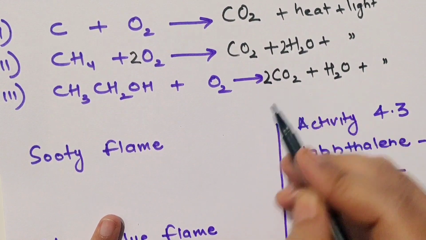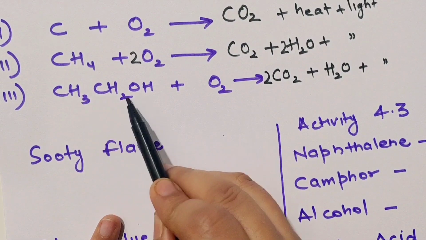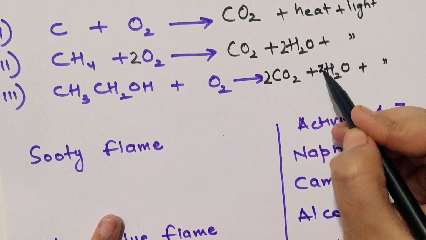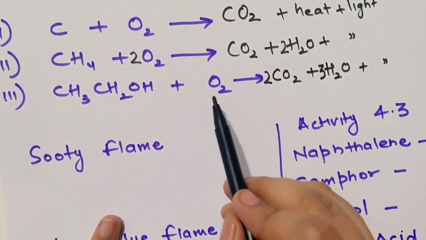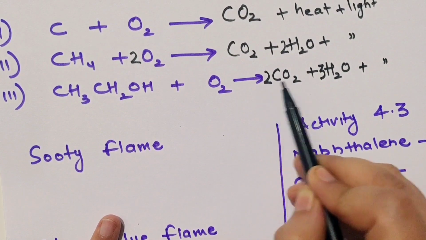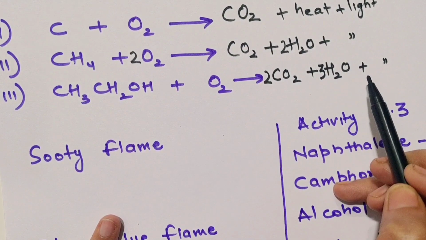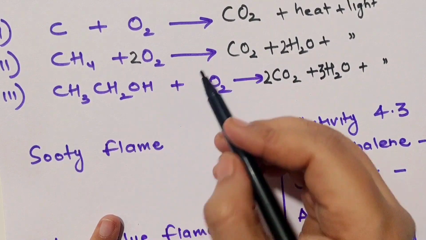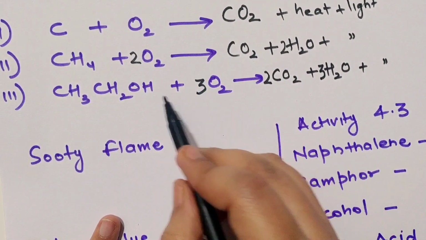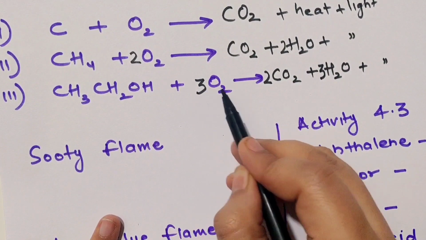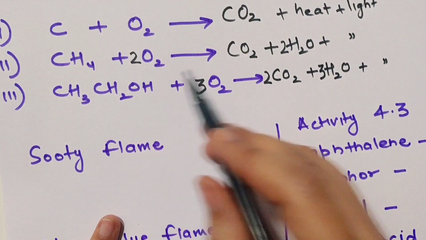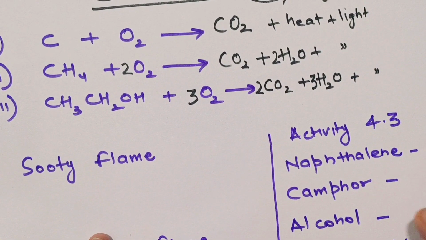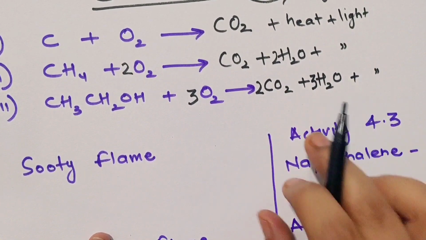Let's make it 2. Hydrogens, 5 plus 1, 6. Here we have 2. Let's put a 3 here to make it 6. Oxygens, here we have 4 plus 3, 7. Here we have 2 and 1. So if we put a 3 here, that would make it 7 also, because 3 times 2, 6 and 1, 7. Now it's balanced.